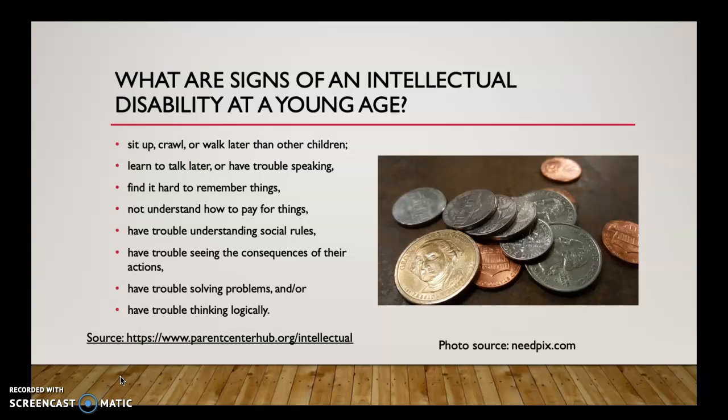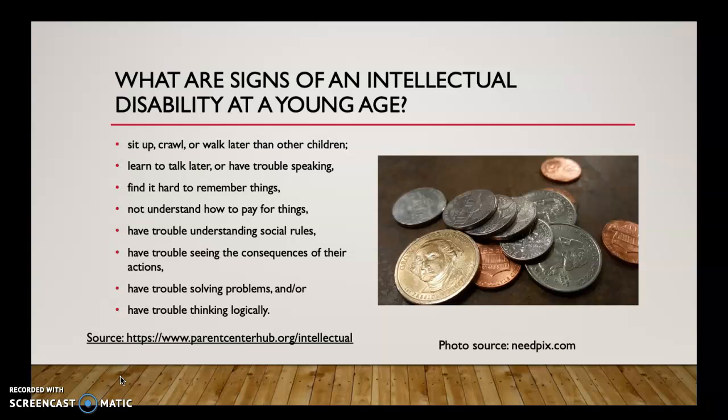At a young age, you can often determine when someone has an intellectual disability. Certain signs of an intellectual disability are that they learn later how to walk, crawl, and sit up. They also learn to talk later, or if they do know how to talk, they have trouble speaking.